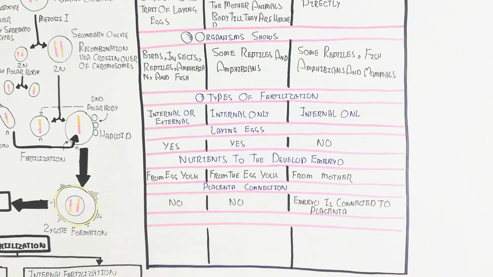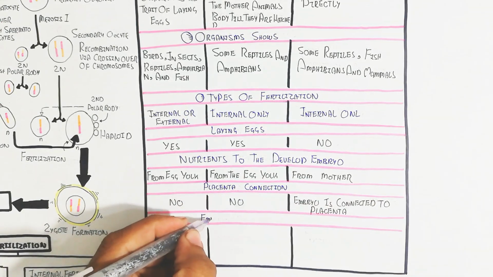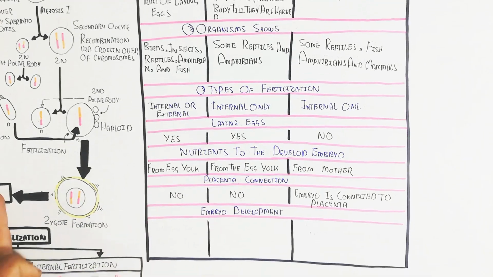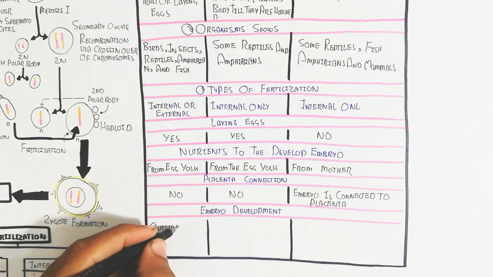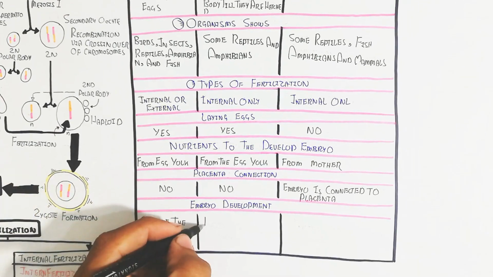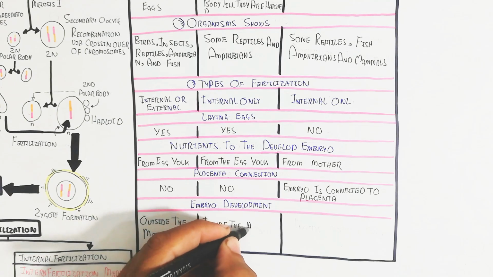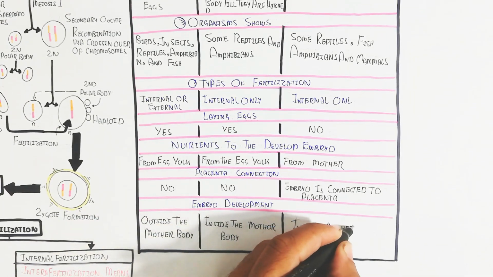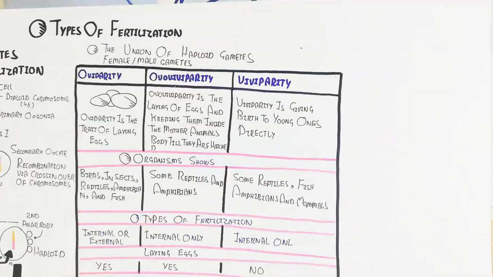Here you can see the placenta connection. Only in viviparity is the embryo connected to the placenta. Embryo development is outside the mother's body in oviparity, while ovoviviparity requires development inside the mother's body only.